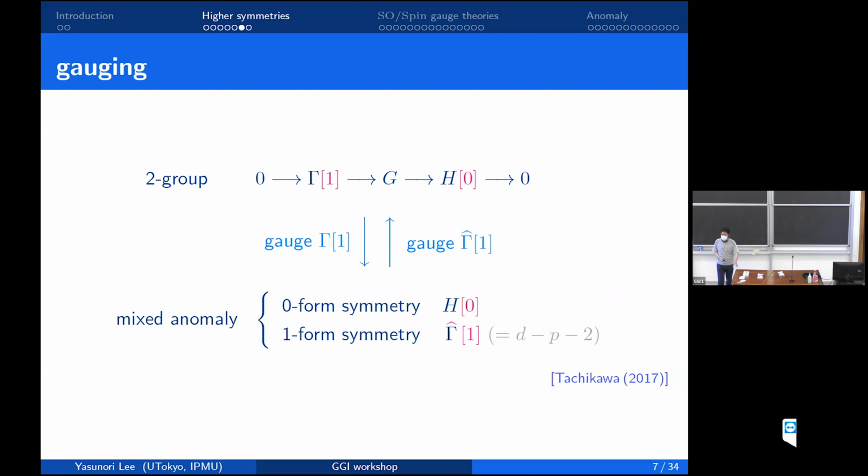If I can add a comment: if you gauge a continuous symmetry, then you're also going to get some dynamical degrees of freedom. The fact that the group is discrete means that when you gauge it, you don't introduce degrees of freedom, which is important for this story. It would be more complicated to study the case in which you gauge a continuous symmetry. Yes, thank you for the comment.